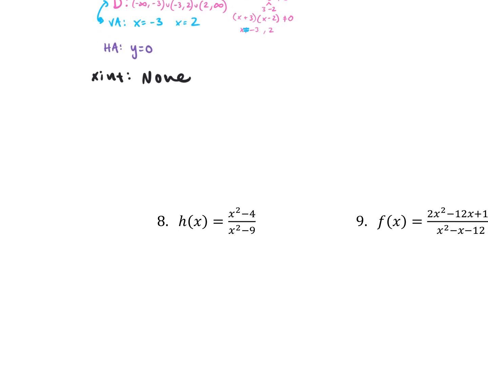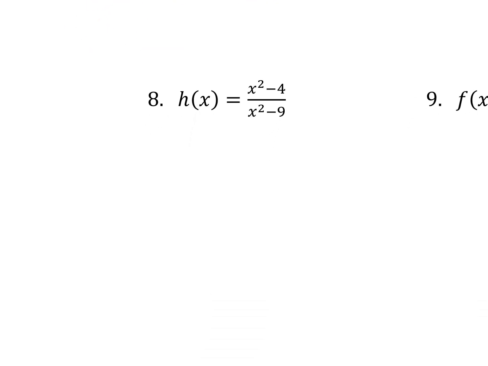All right, let's look at 8. So we always want to factor our numerator and denominator just to see if we have any common factors. We want to check for holes first because that'll throw off our vertical asymptotes or our domain. So anything that can be factored, make sure you factor it first. We can factor number 8 here.